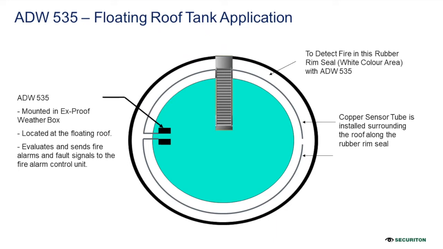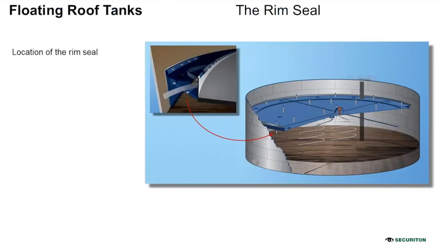And the damages, as I mentioned earlier, weather and the aging process of the rim seal, and many other reasons are behind the fire that can happen. So that usually happens around that area. That's where the ADW can capture it as fast as possible and have it extinguished as early as possible.